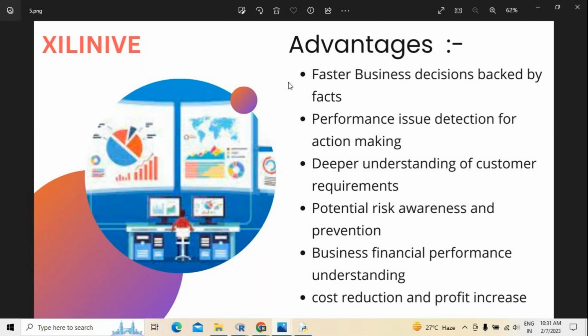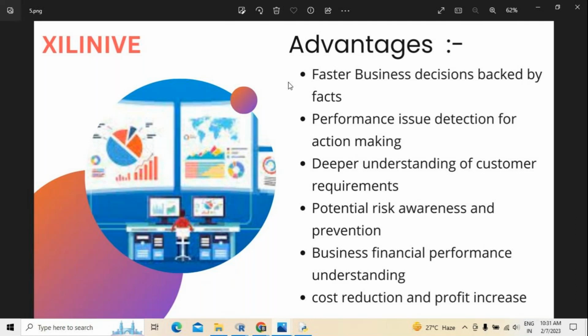At the same time, if you'd like to know about the business financial performance, what kind of performance our business has, the health of the business and the health of the finances, everything should also be known here. Last but not least, cost reduction and profit increase, because if more manufacturing cost is involved in the organization, for example operational expenses increase, even though their turnover increases, their profit won't increase because of the cost of expenses.